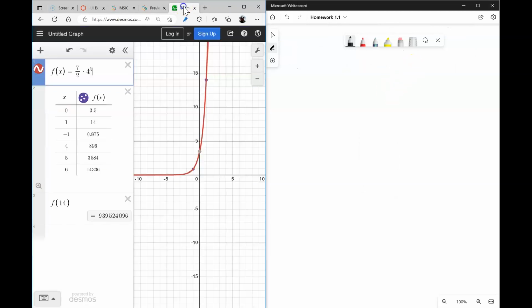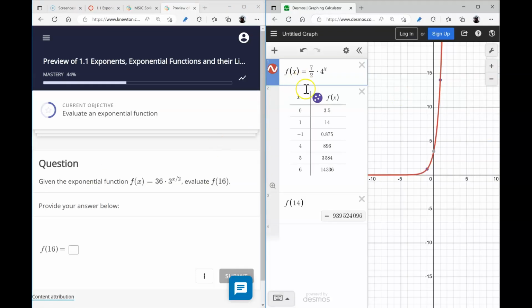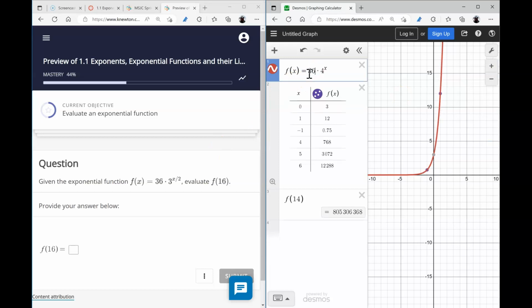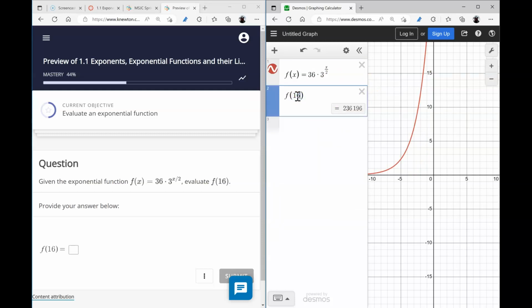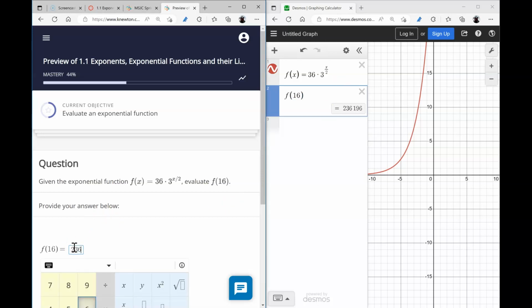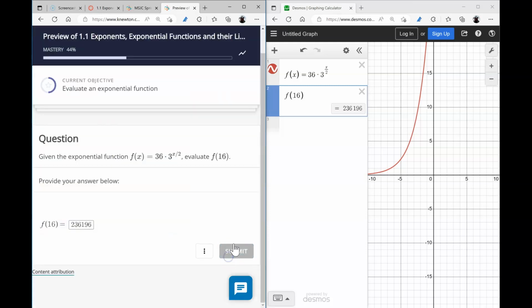We've seen this problem before, so let me utilize this template. 36, 3 to the power x over 2, and we're looking for f of 16, which is quite a big number, so you're probably going to use a calculator anyway. Might as well use Desmos.